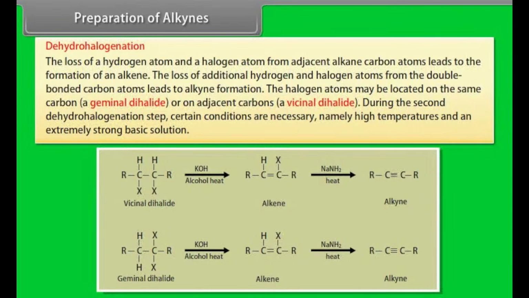The loss of the additional hydrogen and halogen atoms from the double bonded carbon atoms leads to alkyne formation. The halogen atoms may be located on the same carbon, a geminal dihalide, or on adjacent carbons, a vicinal dihalide. During the second dehydrohalogenation step, certain conditions are necessary, namely high temperatures and an extremely strong basic solution.